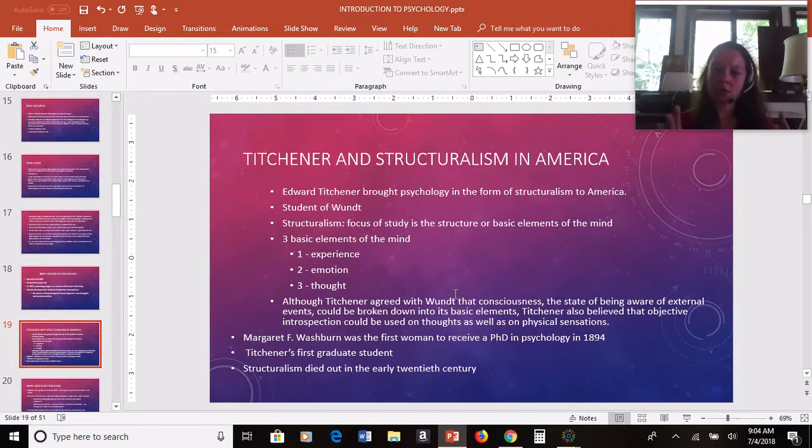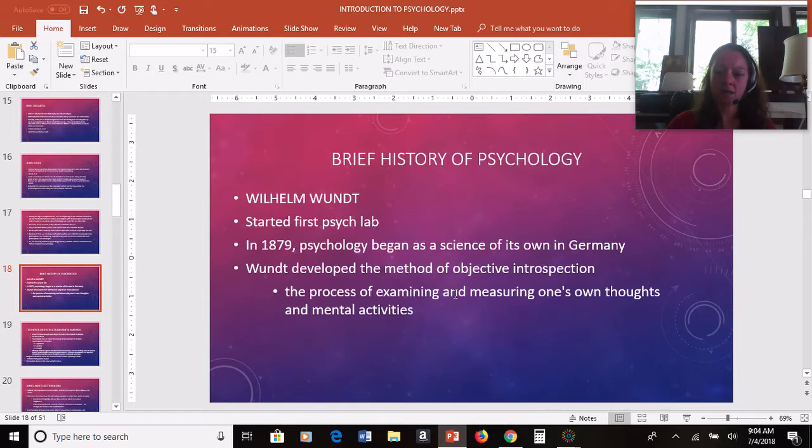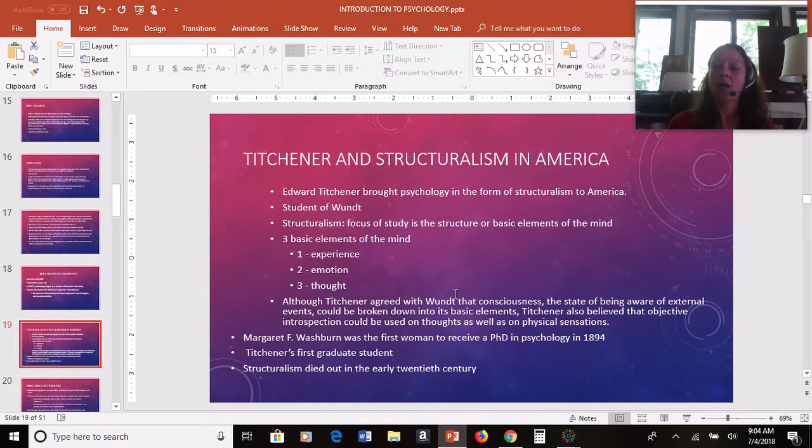And so it was really based on a behavioral approach, just looking at how you react to outside stimulus. And then Titchener comes along, and he was a student of Wundt, and he took that objective introspection and added the mind connection to it.